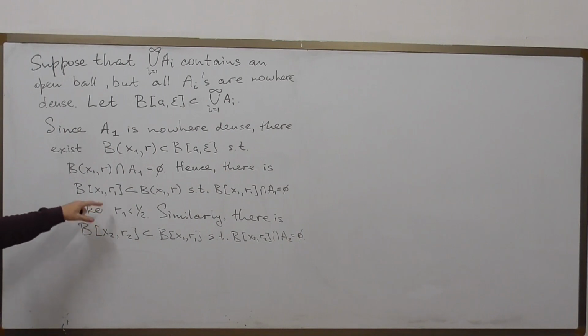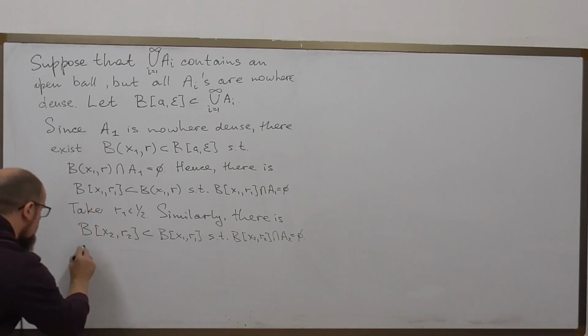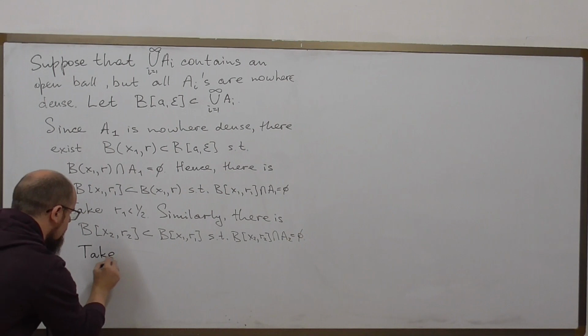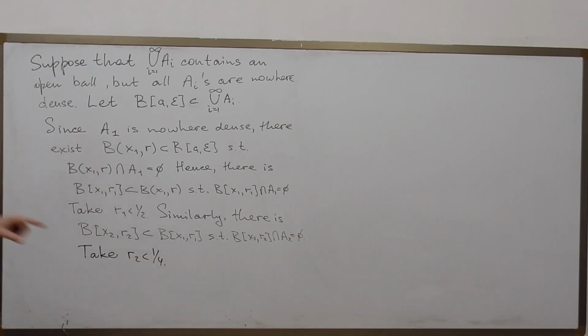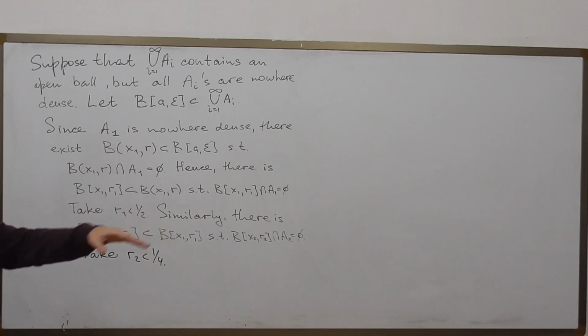And also we can take r_2 to be less than 1/4. Continuing this process, we will get a decreasing sequence of closed balls with radii going to 0.